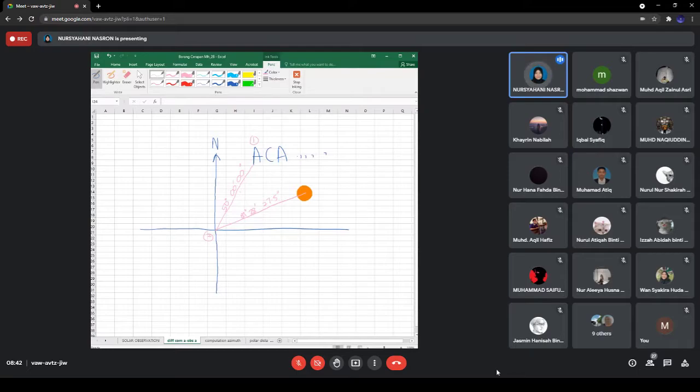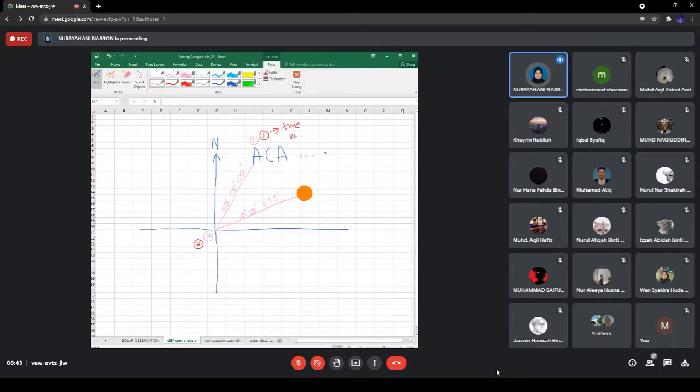Okay, so we need to prove our datum. For example, for cadastral survey, we need to prove our datum, station 2 to station 1, using the true north.